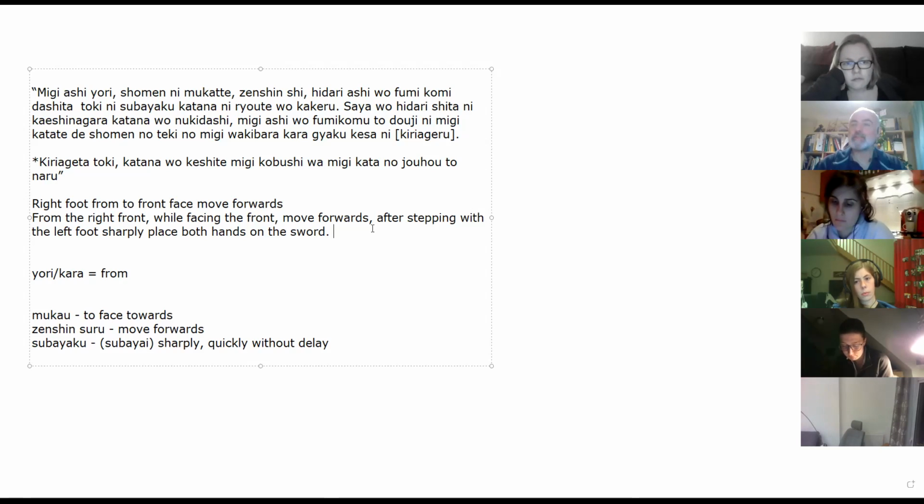Is that right? That's correct. Grammatically, that is what is being done here. Whether or not the author actually realized that they were doing that, I don't know. I think if you left it out, it would still make sense. Hidari ashi o fumikomi dashita toki, subayaku. It doesn't really change the meaning that much by putting ni in there, or not. Okay. Yeah.